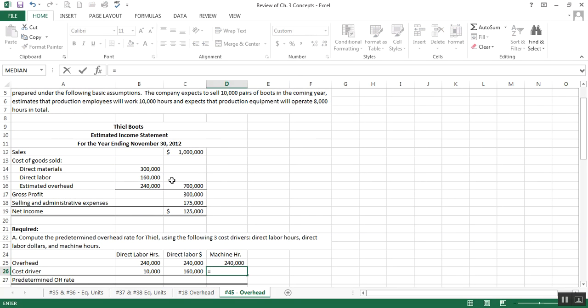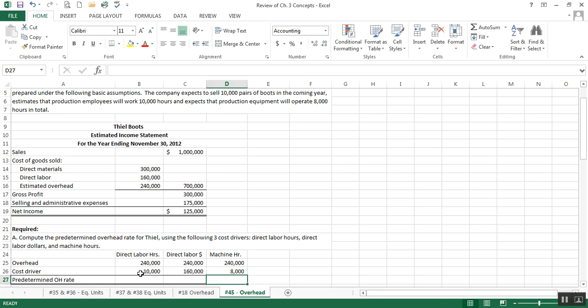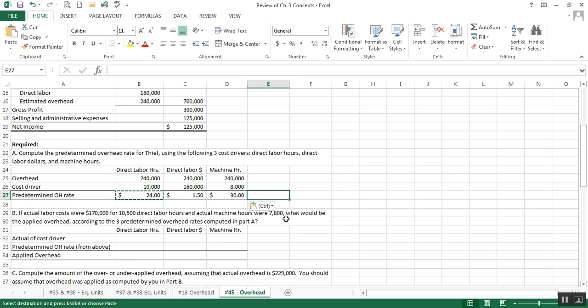And then machine hours is estimated at 8,000 machine hours. And then we simply divide our estimated overhead by our cost driver to come up with the predetermined overhead rate. $24 if we use labor hours, $1.50 if we use labor dollars, and $30 if we use machine hours. So what does this mean?